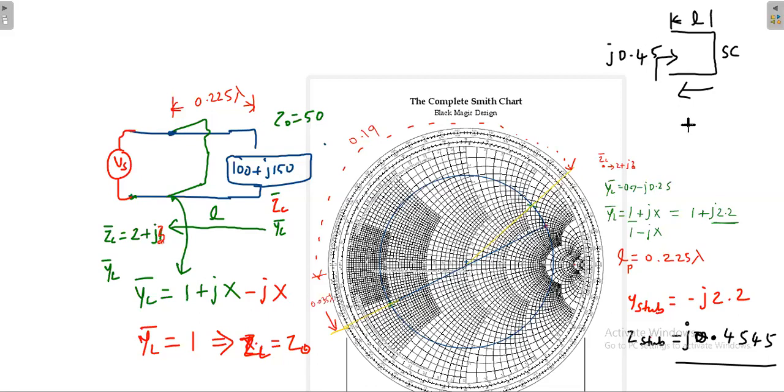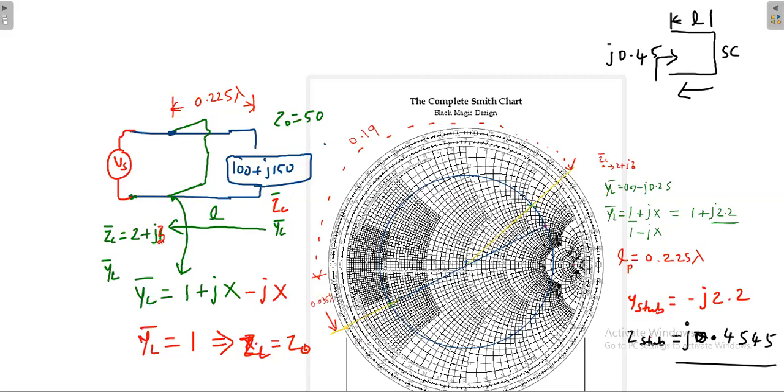The imaginary part has to be made negative. This plus jx, if you make it minus, it becomes 0. But what length will come? I have to introduce the section of the transmission line that has to provide this impedance. Then what is the length of the line? How to find this from the Smith chart?